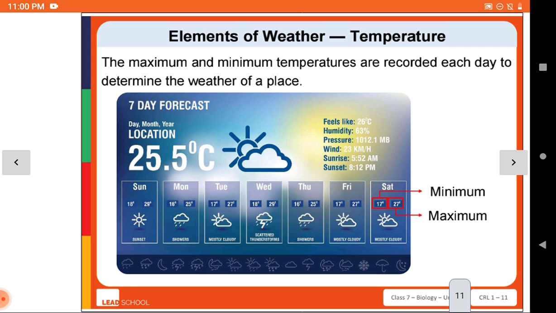For example, according to this slide, 25 degrees Celsius is the temperature. So for one day, the lowest temperature is 17 degrees and the highest or maximum temperature is 27 degrees. So it decides the weather of a day.